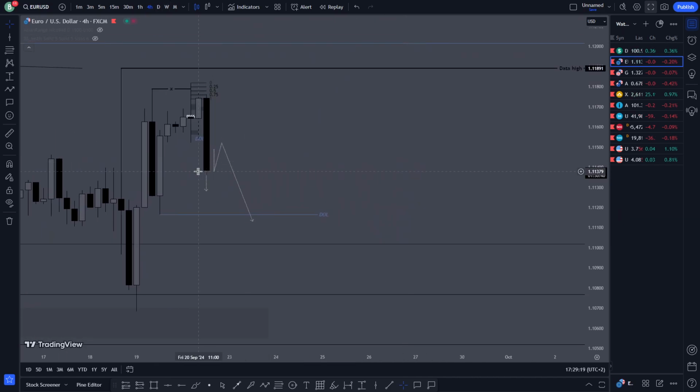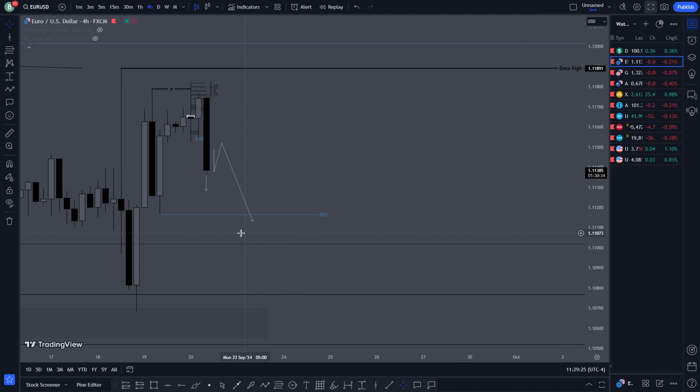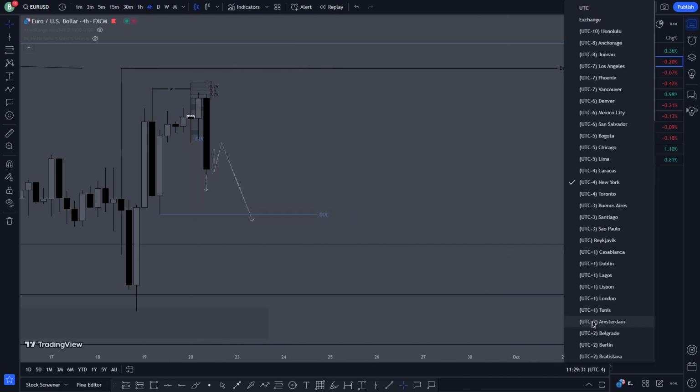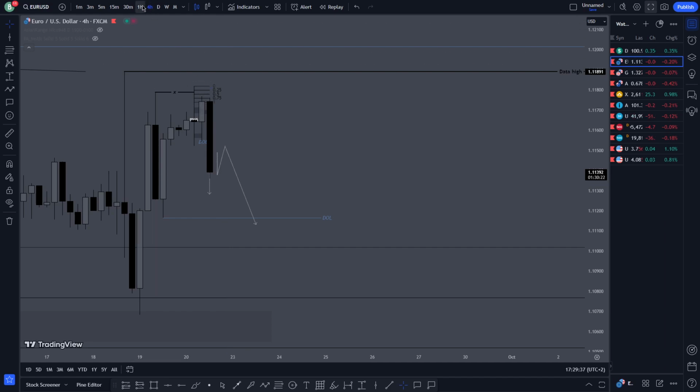These are my expectations for today. UTC-4. Okay, not today. This will hit this drawn on liquidity tomorrow, it seems like. I like to use UTC+2 sometimes and UTC+1.